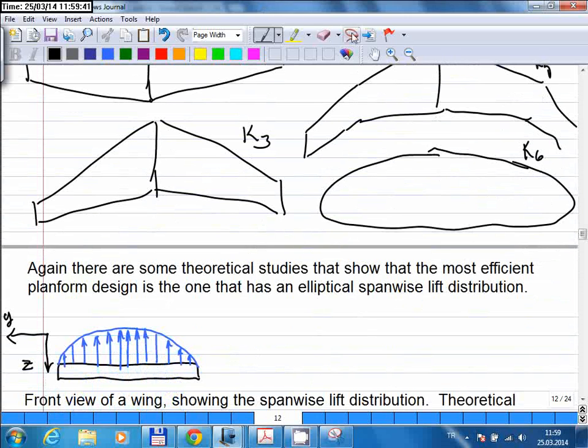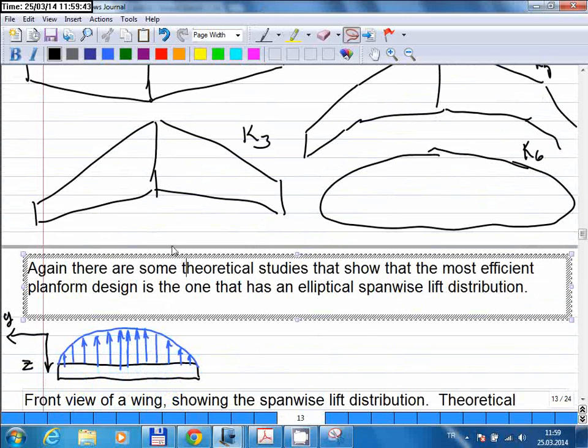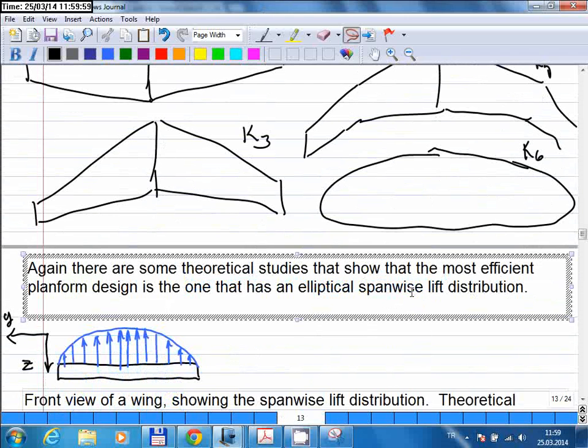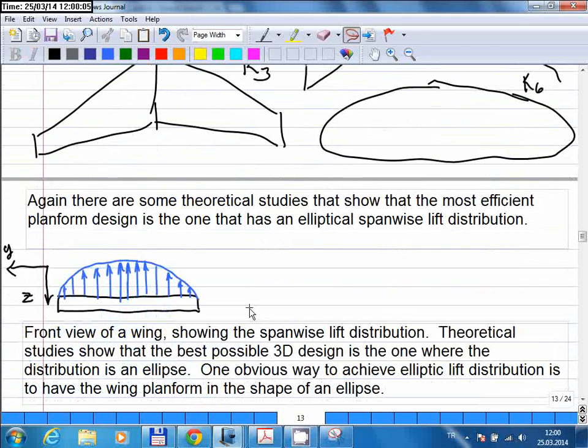And again, some experimental studies and some theoretical studies show that out of all possible planform shapes, the most efficient design is the one that gives an elliptical span-wise lift distribution. Unfortunately, I can't really give you a proof as to why this is the case, but that means, so this is the lift distribution, span-wise lift distribution.